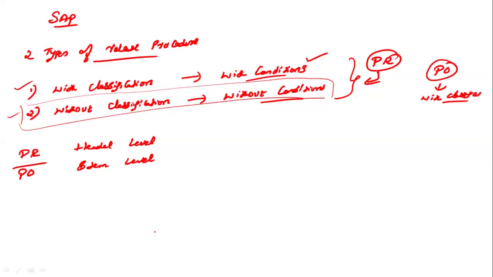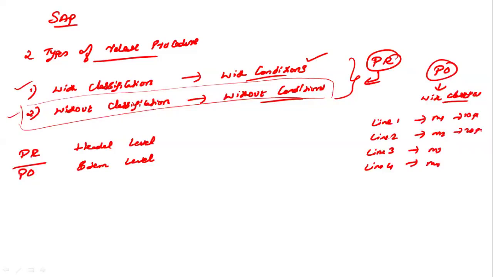For example, in PR, you have line 1, line 2, line 3, line 4. 4 materials with different quantity. M1, M2, M3, M4. 10 pieces, 20 pieces, 30 pieces, 40 pieces. This is a PR.